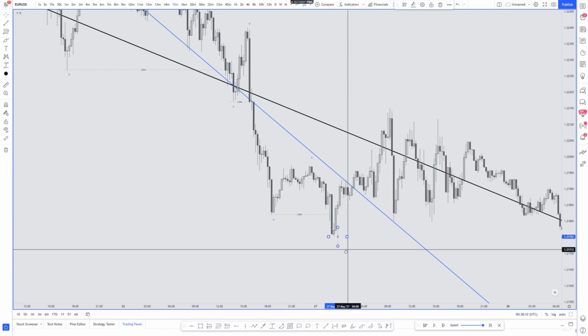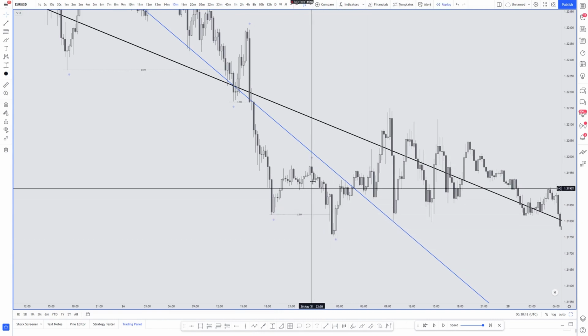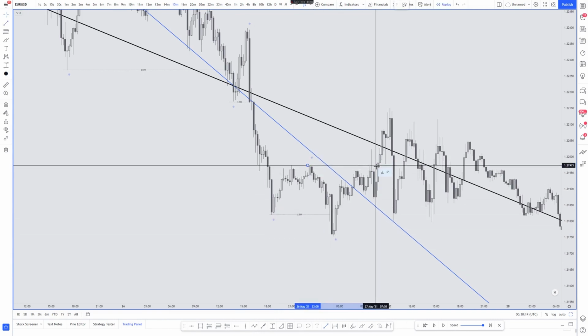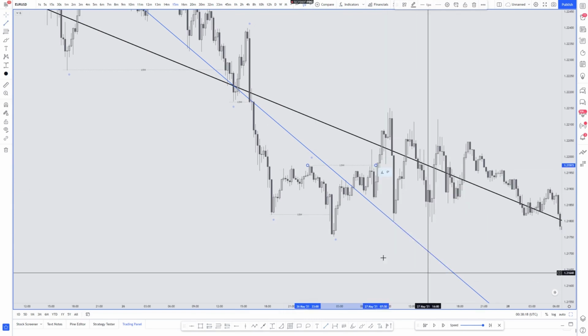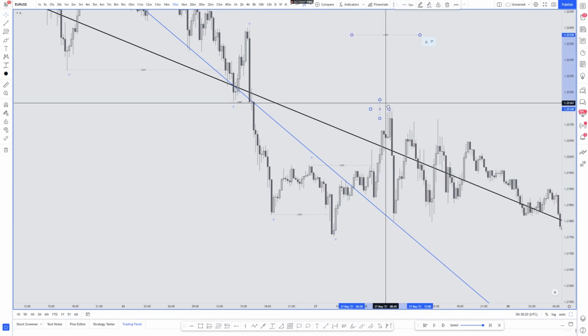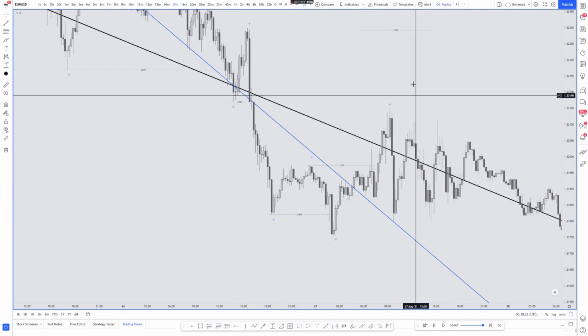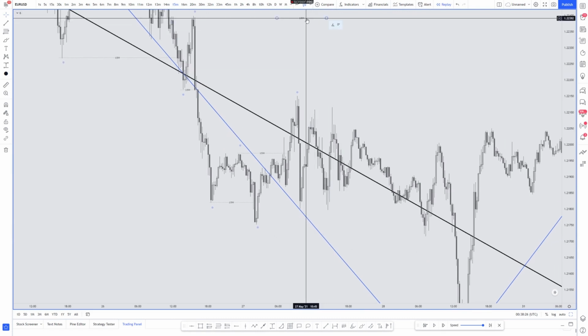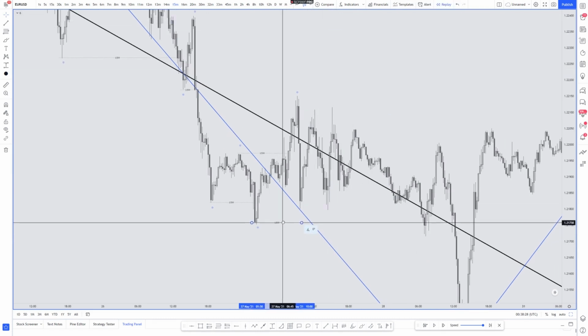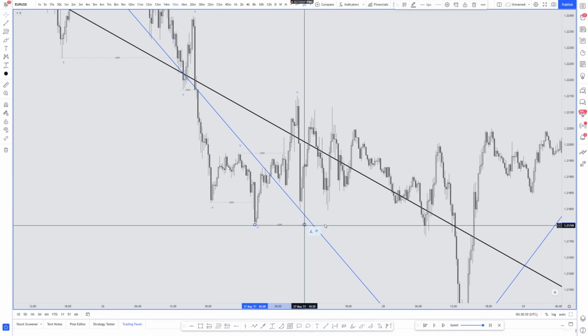Once again, we make a new low, and here we turn bullish. And once you grasp this concept, the rest of it will come together quite a bit easier. So here we turn around and turn bearish.